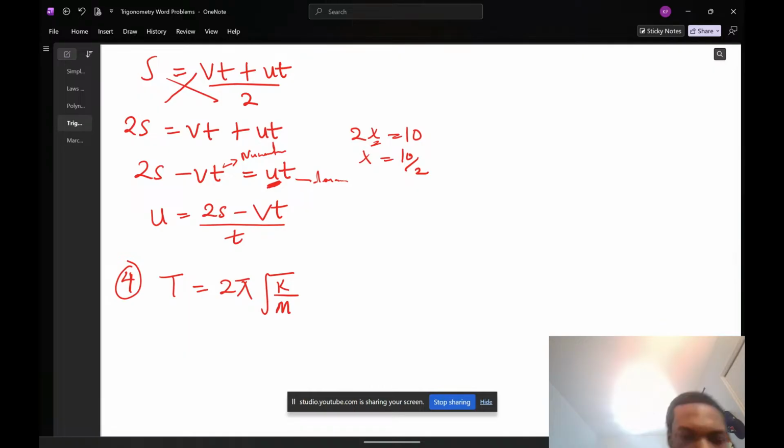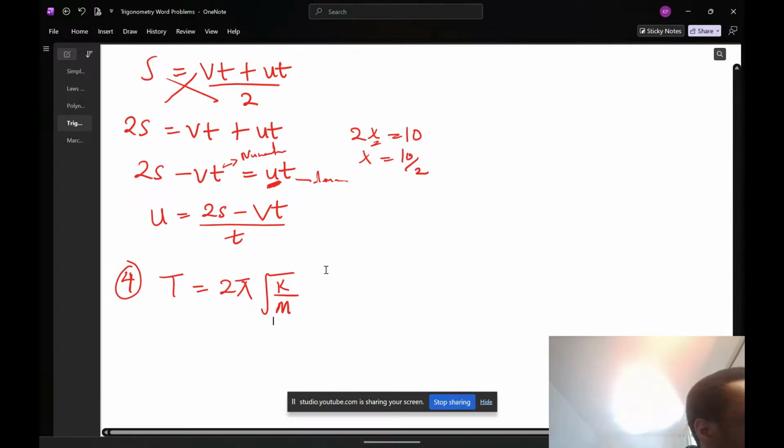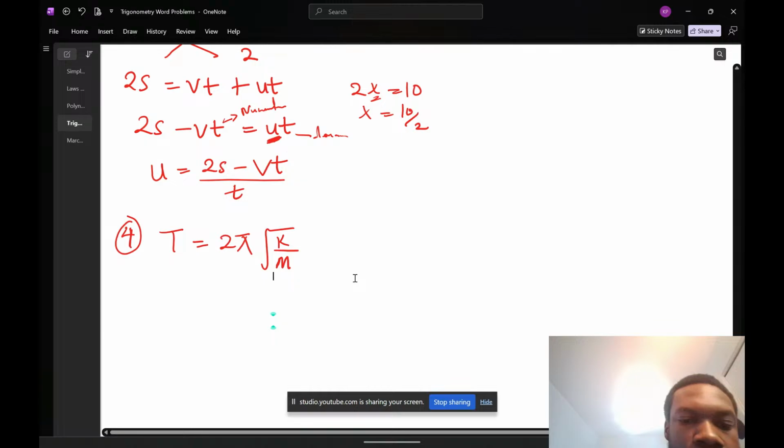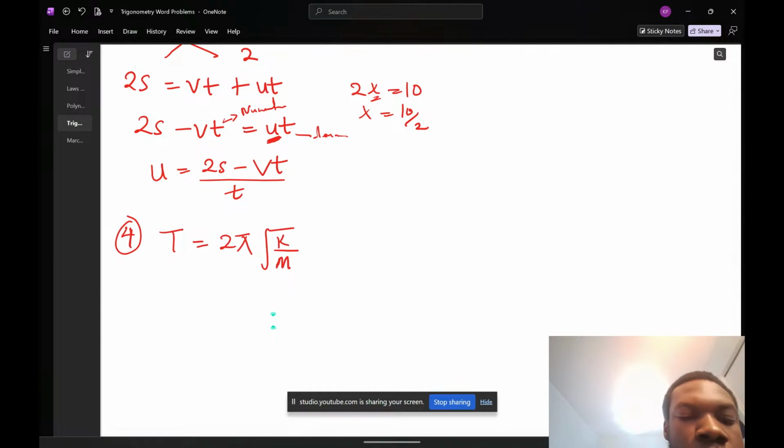So now, in this case, we have t is equal to 2 pi square root k over m. In this place, we're going to square both sides. The reason why I square both sides is so that we can take away the square root, and then we can manipulate it easily. So we square both sides.